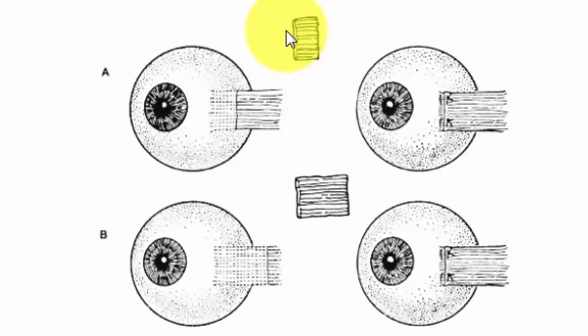We can see that a piece of the muscle has been removed. In this example here, a larger piece of muscle has been removed. So again, we're dealing with a larger deviation here and a smaller deviation here. Now, unlike the recession, the extraocular muscle is returned to the original position of the insertion.